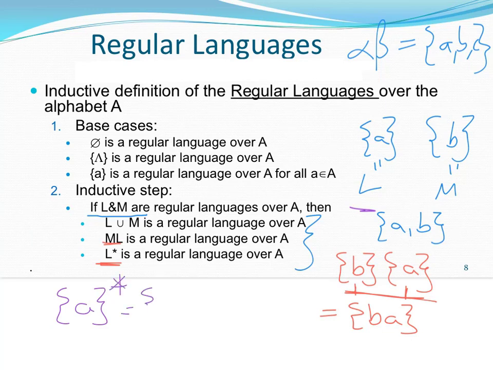And in this case, that means that we get lambda, then A, AA, AAA, and so on, right? And so this set here, well, that's a regular language, okay?